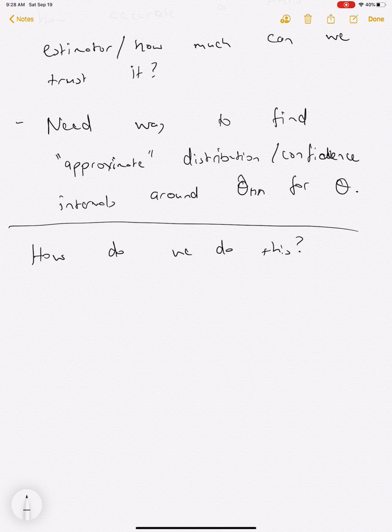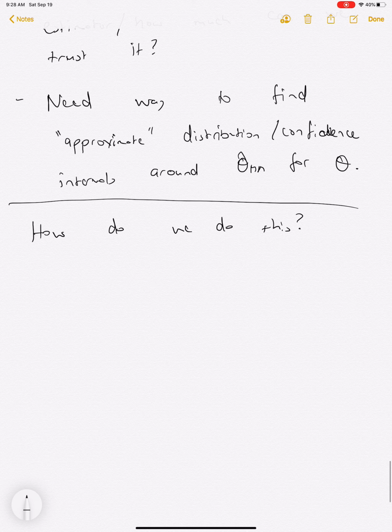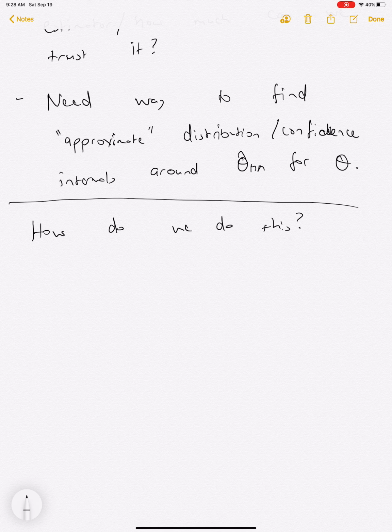So how do we not only give you an estimate, but also give you some sort of asymptotic distribution? I'm not going to be too precise here, but I'm going to show you how to do that in general, and we'll see that for a couple of examples.